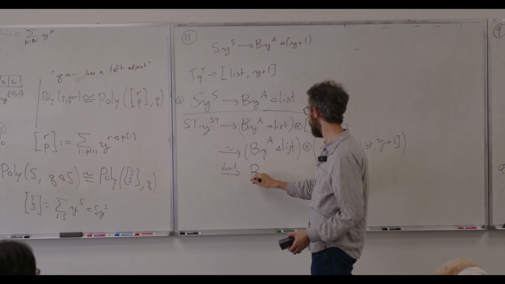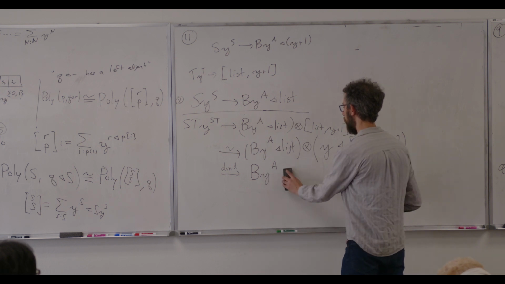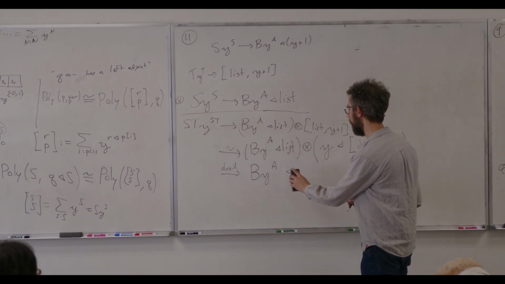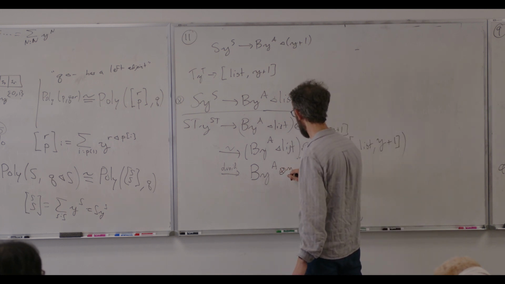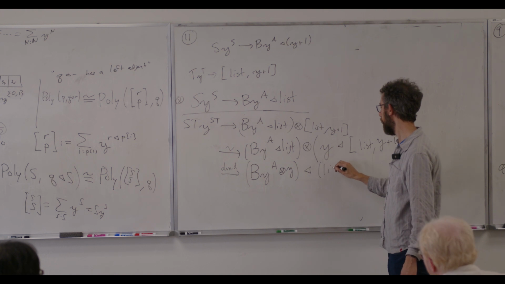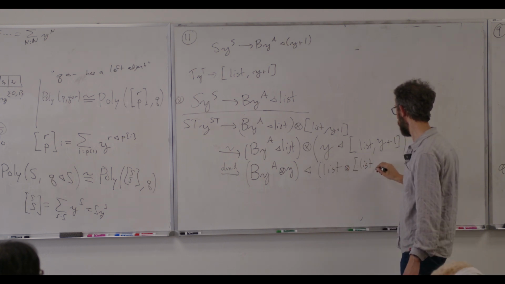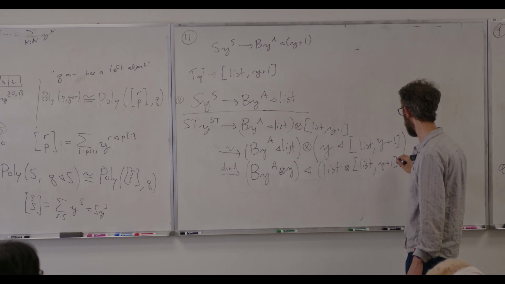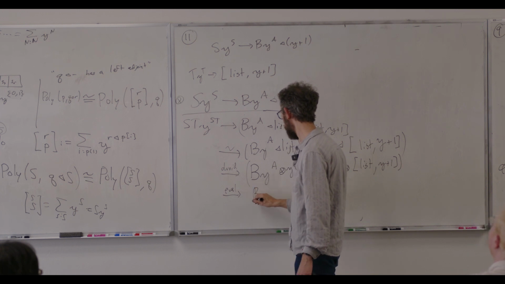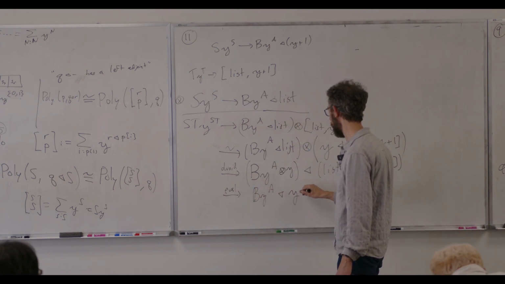Y to the A, tensor y, but that's important. Try. Can we have the tensor one? List, tensor, list y plus 1. Okay, and then Max said eval, and we get B Y to the A, try y plus 1.